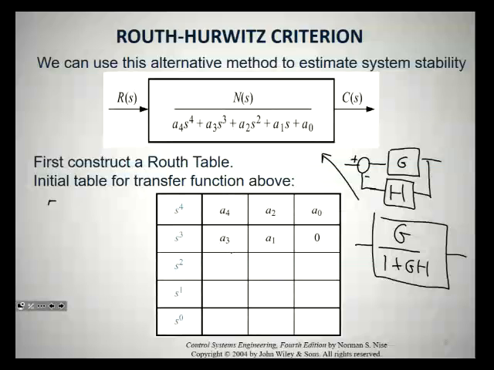There is an example in a minute, but supposing your denominator was 5S4 plus 3S3 plus S to the 1 plus 7. This would be A4, this would be A3, this would be A1, because there's no A2, so A2 would be 0, and this would be A0.